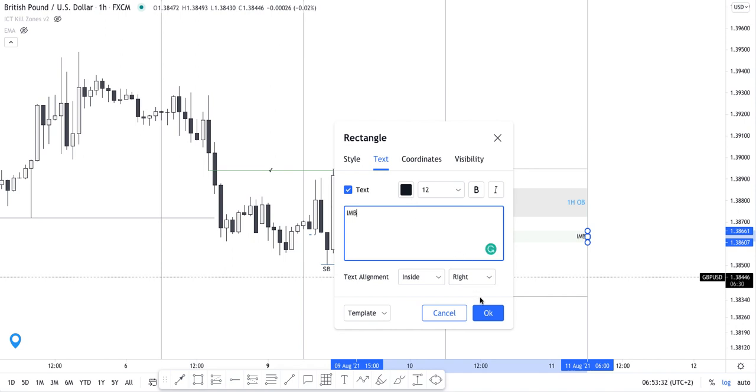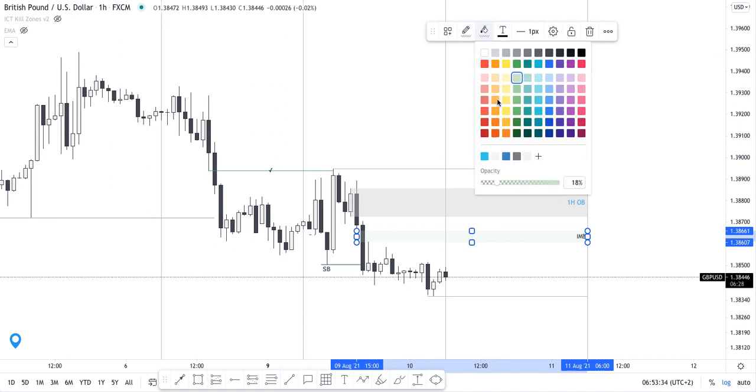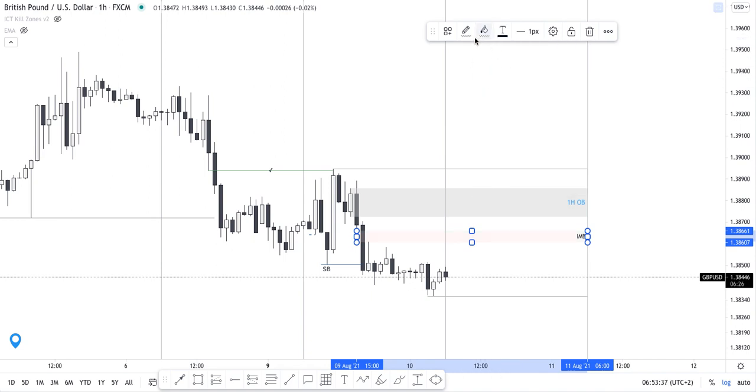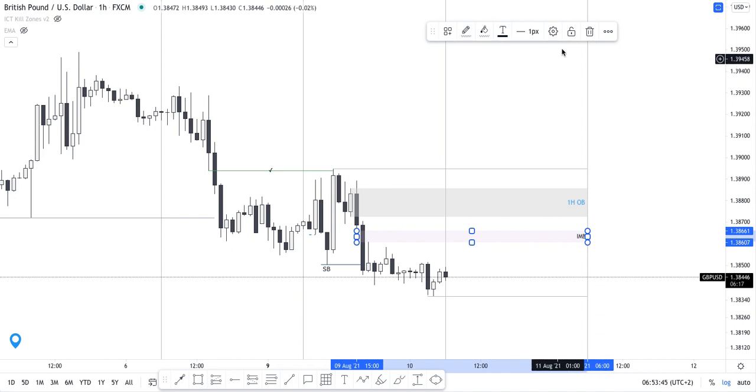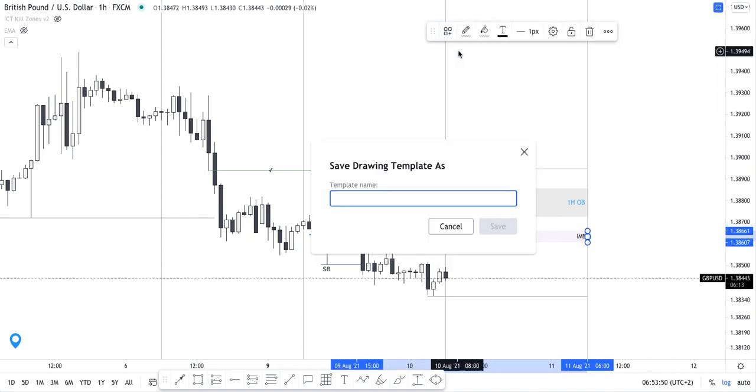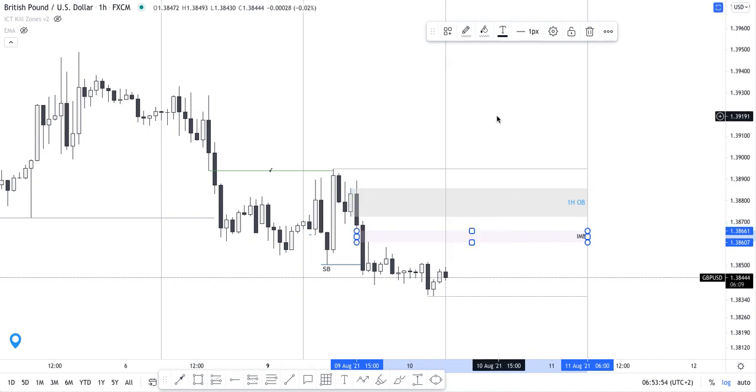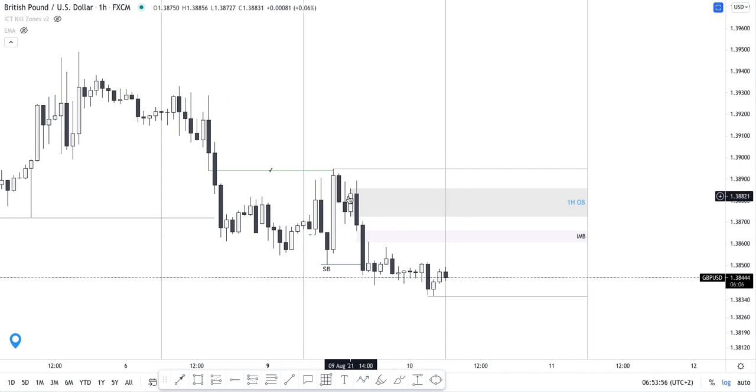Imbalance, and I'm really fond of that color. Let's do that. Let's keep with that, looks nice over gray. And I'm just going to quickly save this. Sorry, should have done this a long time ago. Okay, now we have our imbalance, we have our order block.